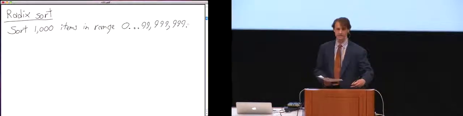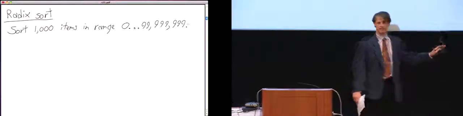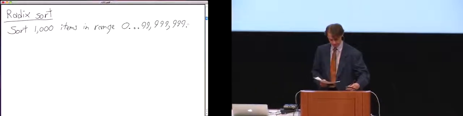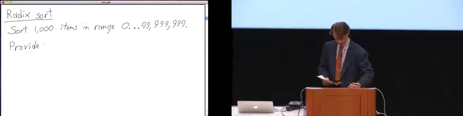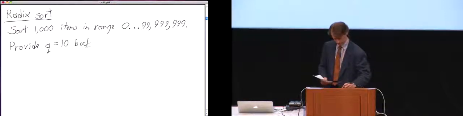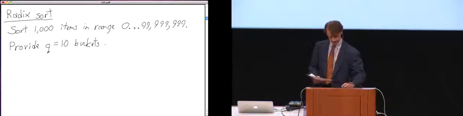What we're going to do is say no to 100 million buckets. That's too many buckets. That takes too much time. But we will provide 10 buckets. Well, that's not enough buckets, so we're going to sort on the first digit only.